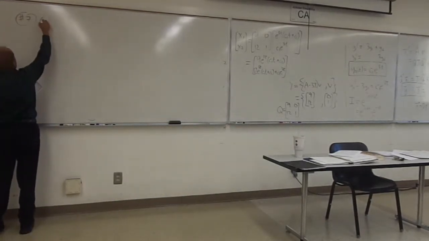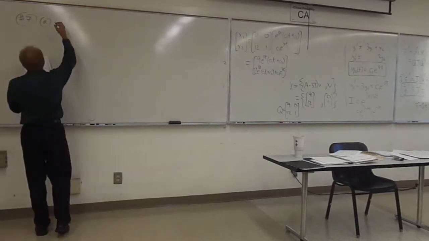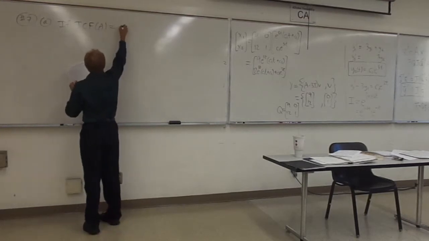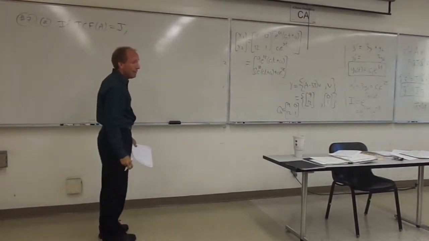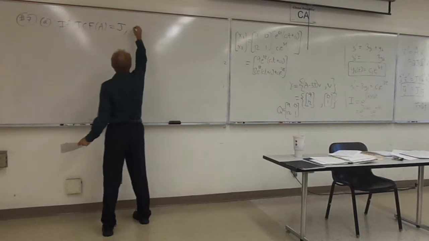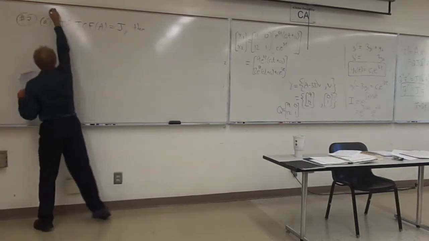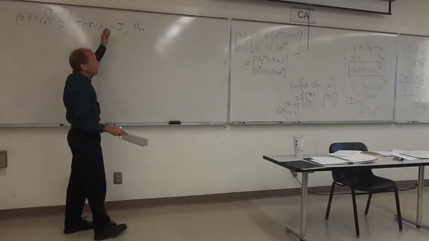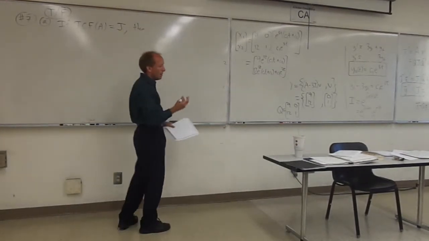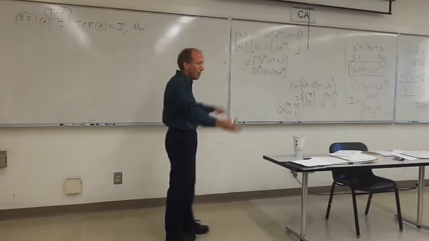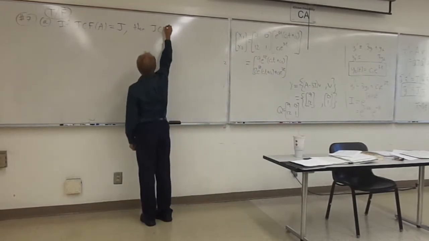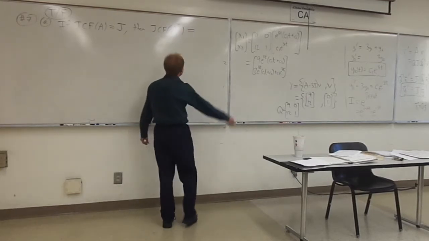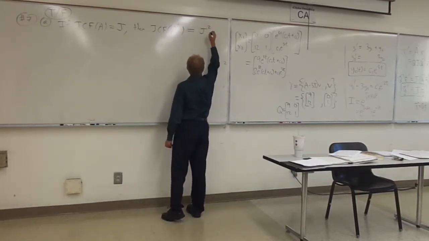So this is number 7, part A. If the Jordan canonical form of A is equal to J, true or false: the Jordan canonical form of A squared is equal to J squared?